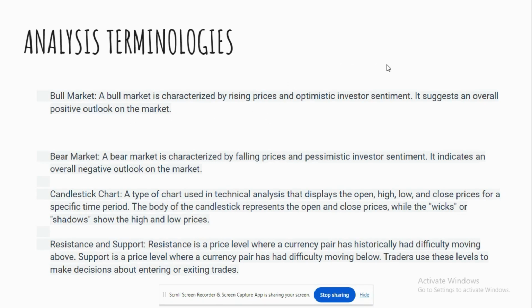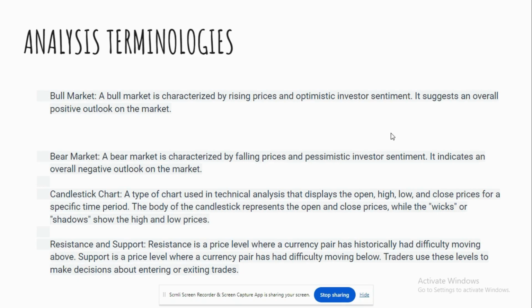Now let's go over to a bull market. A bull market is characterized by rising prices, right? Prices are rising. It suggests an overall positive outlook on the market, and the bear market is the opposite, characterized by falling prices and pessimistic investor sentiment. Sentiment is what someone thinks about something. What's your sentiment on this, on that?